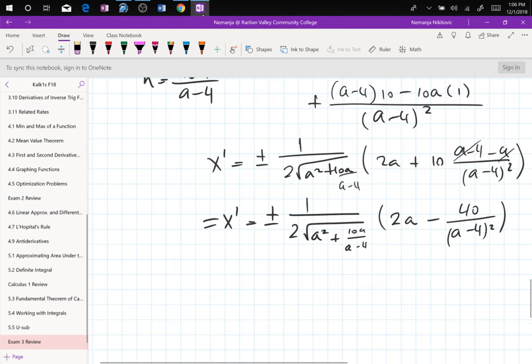Let me go one more step over here, because when you distribute this, 2A cancels, so A over square root of A squared plus 10A over A minus 4.